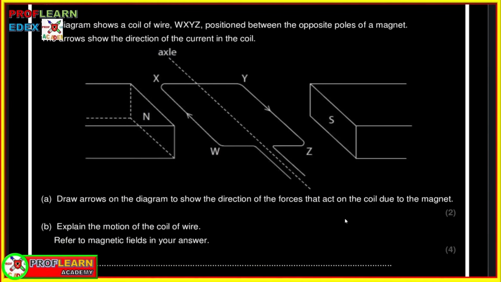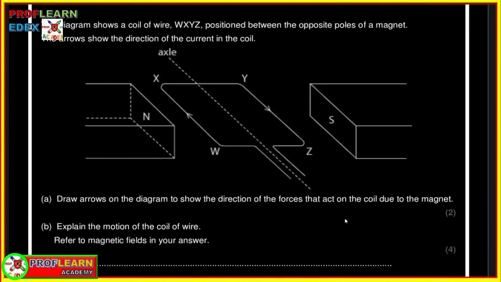A question to do with electromagnetic induction, and we have a coil of wire WXYZ positioned between the opposite poles of a magnet. Remember, when current flows through this coil, the coil is going to experience a force. The reason that force is experienced is that when current flows through a conductor, magnetic fields are created around that conductor.